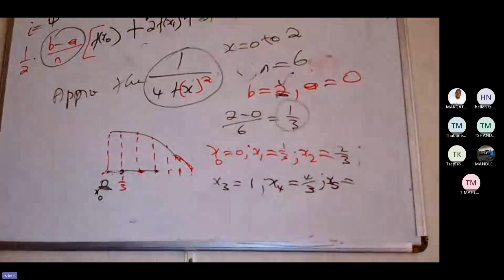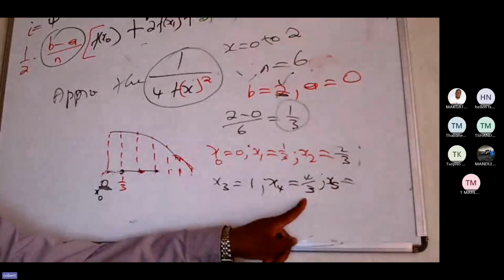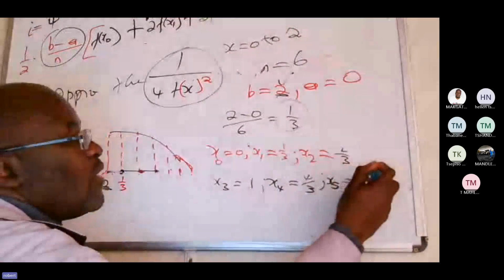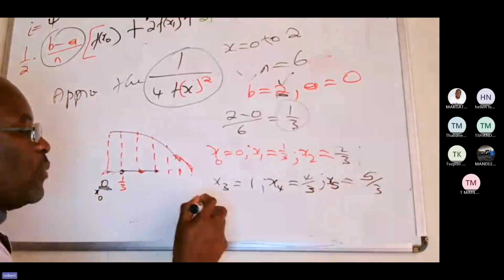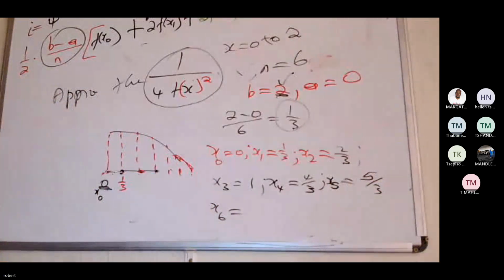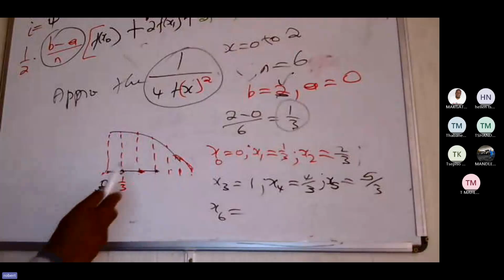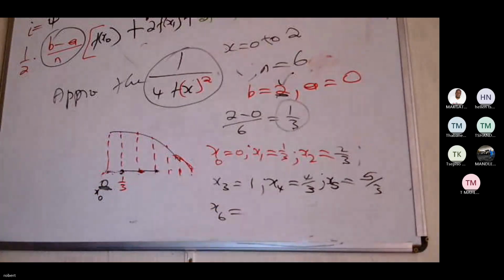It will be x4 plus the length: 4 over 3 plus 1 over 3, which is 5 over 3. And x6 will be x5 plus the distance: 5 over 3 plus 1 over 3, which is 2. Therefore, we are done.